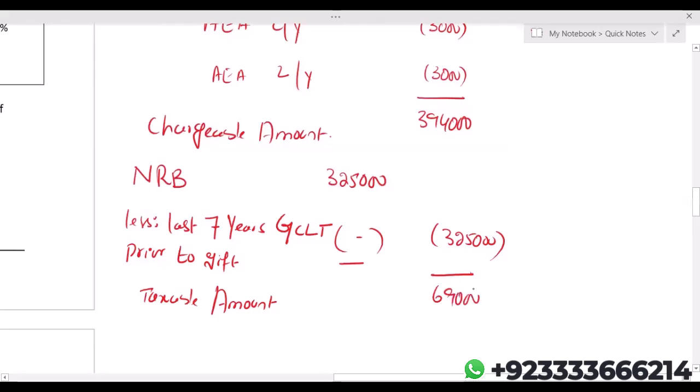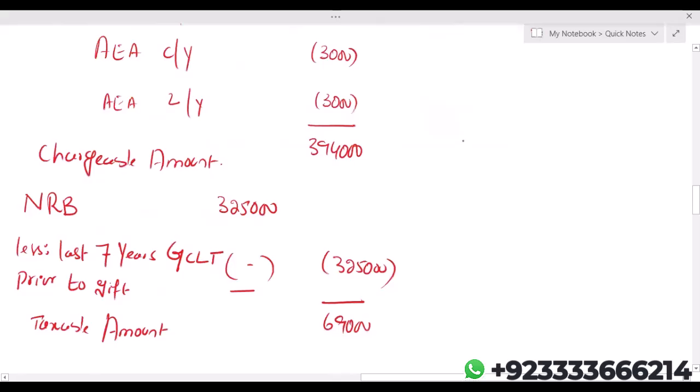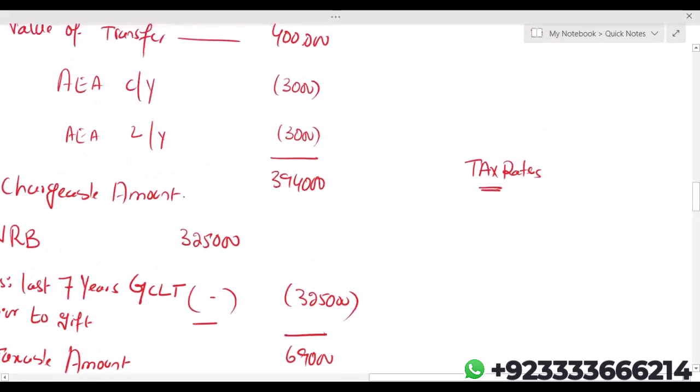And now listen carefully. Tax rates, time is lifetime. If the donor is paying the tax, then it is 25% during the lifetime.